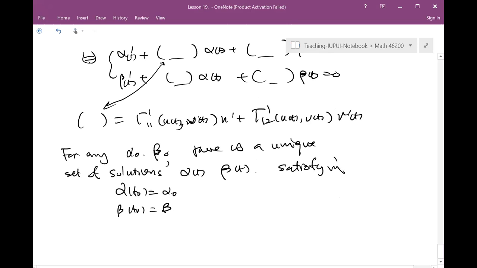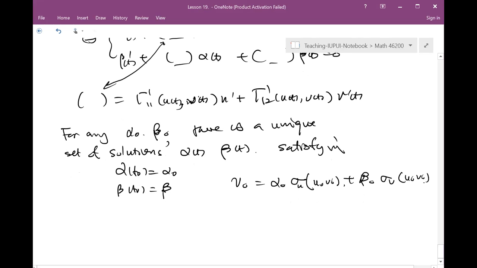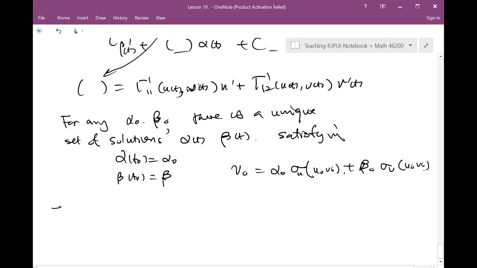And the solution linearly depends on the initial vector. So this is the initial vector. In other words, without using the surface patch, we have the following.